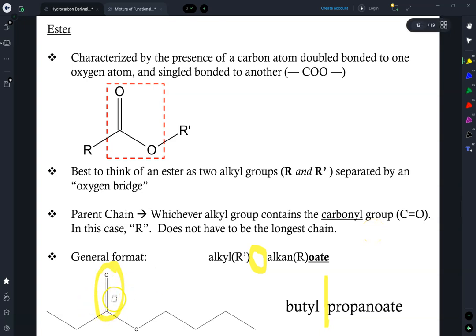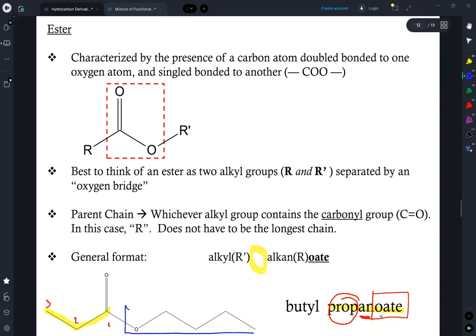So in this example, the C-double-bond-O is located on this side of the oxygen bridge, and by definition, it must be carbon number 1 of the parent chain, number 2, and number 3. So the parent chain only has 3 carbons, which is why we have a prefix of prop. We then have an an because it's an alkane, no double bonds, no triple bonds. And finally, we have the weird -ate suffix. So this parent chain over here is called propanoate.